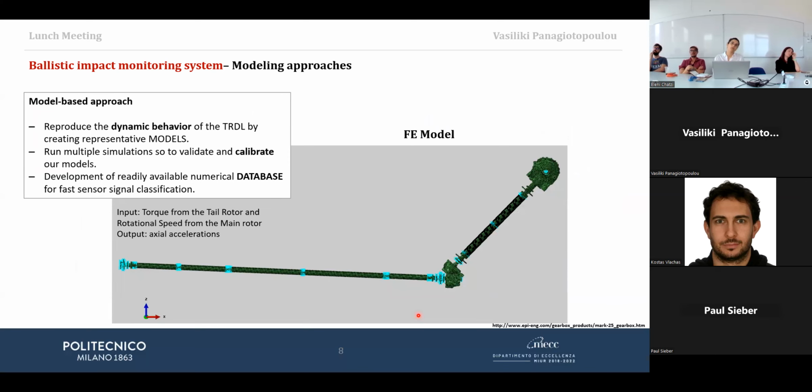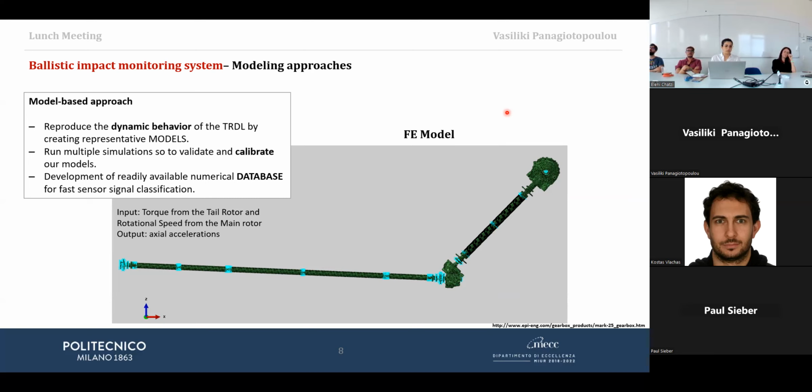So a few more words about the models. We have a representative model of the tail transmission line. Okay, so starting from the engine, the horizontal shaft, intermediate gearbox, oblique shaft, and then tail gearbox. So we don't have, for example, the tail rotor. The tail rotor is simulated as a couple of thrust and torque provided to the model as an extra input.